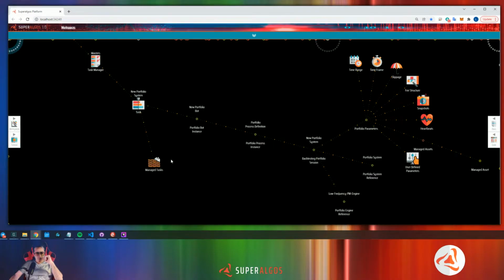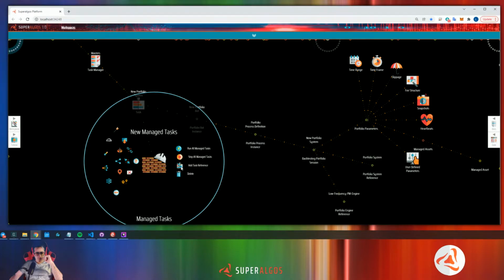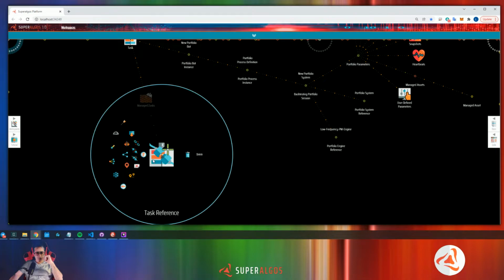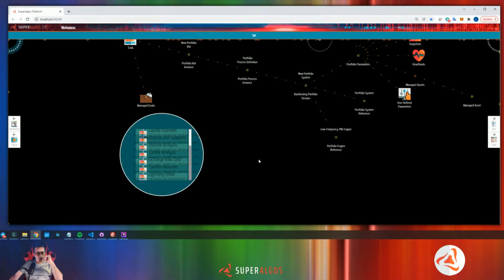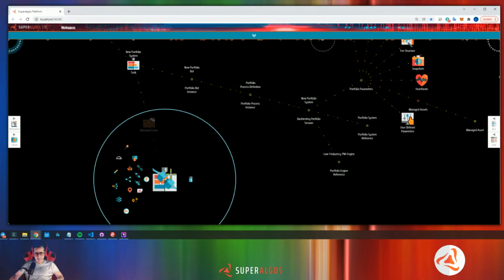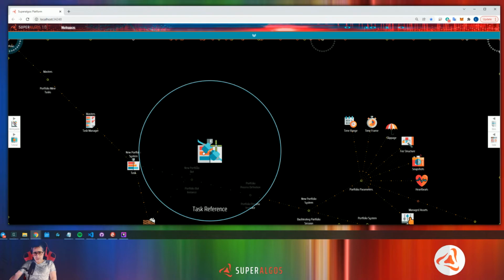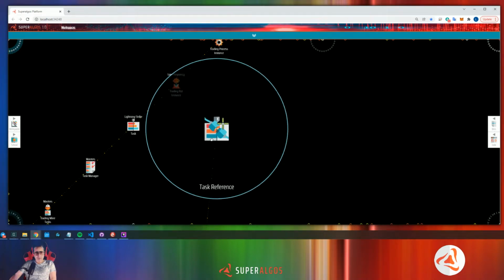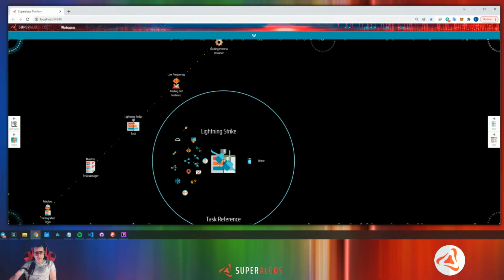Add manage tasks. Add task reference. Okay, I cannot use that because it's too messy. So I'm going to take this around and connect it there.